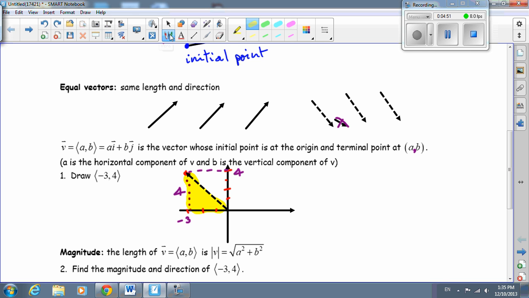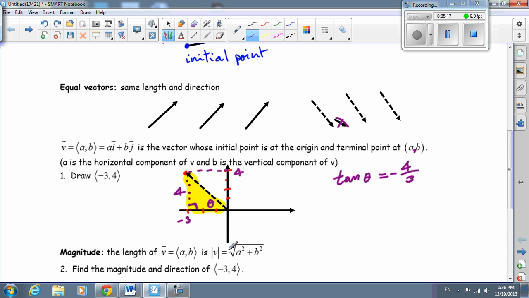With the right triangle, I can easily use SOHCAHTOA. Knowing that this is 90 degrees, let's call this angle theta. So I will say the tangent of that angle theta is equal to the opposite, 4 over 3, of course negative because it was negative there.